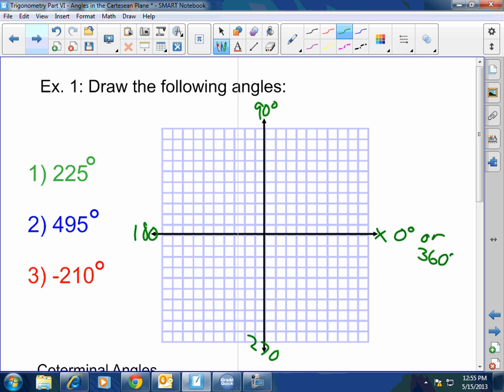Awesome. Then this is going to be very simple. When I want to graph the angle 225, I start here on my initial side, and I'm going to go 90, 180, and then 45. That's my angle. So this whole entire angle is 225.